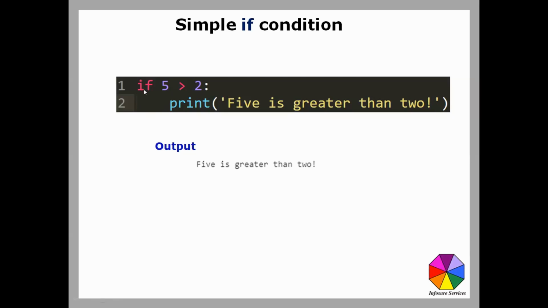If you see, "if" is 2 characters, then a blank is the third character, and the fourth character is the fifth. So if you start the second line at the fourth character, this print statement is indented under this if condition.